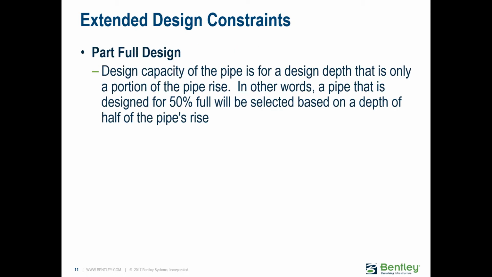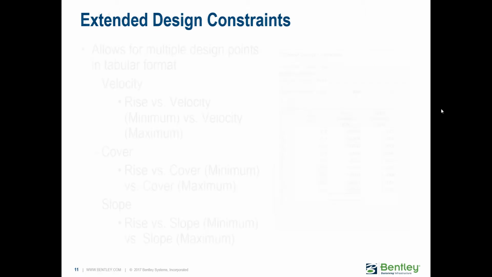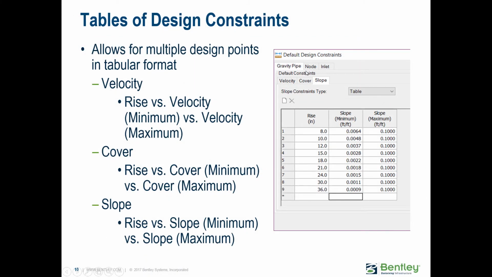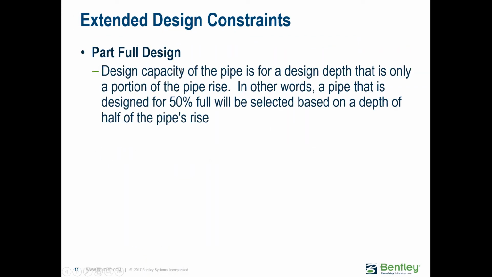Okay, so those were the basics, but particular needs always come up, and we decided to add on the right side of the screen here what we call the extended design. And so those are the three tabs that you see there. The first one is the part full design.